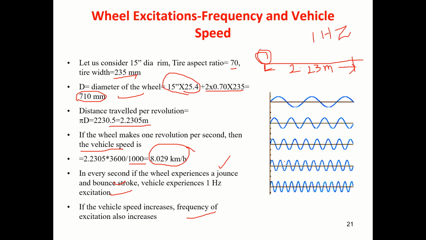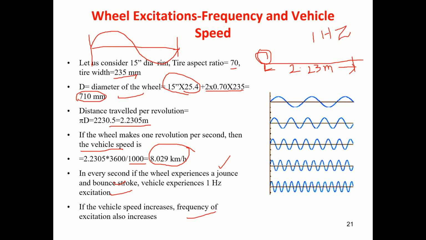Correct? So what I'm trying to convey is that in 2.23 meters your vehicle will go through 1 jounce stroke and 1 rebound stroke.